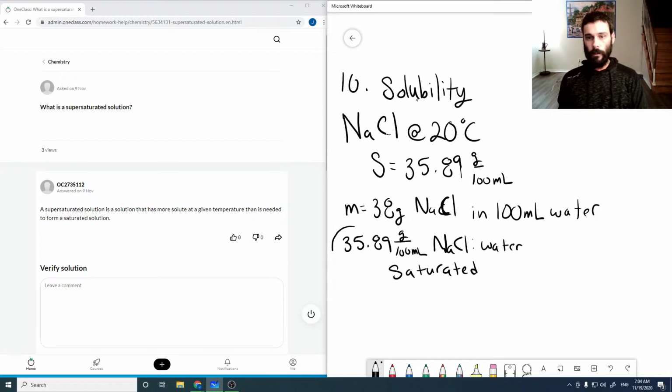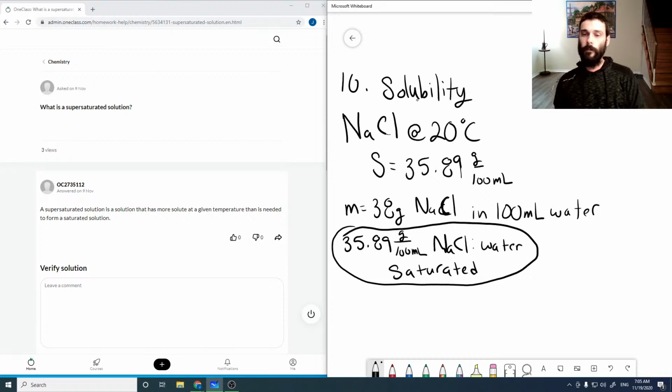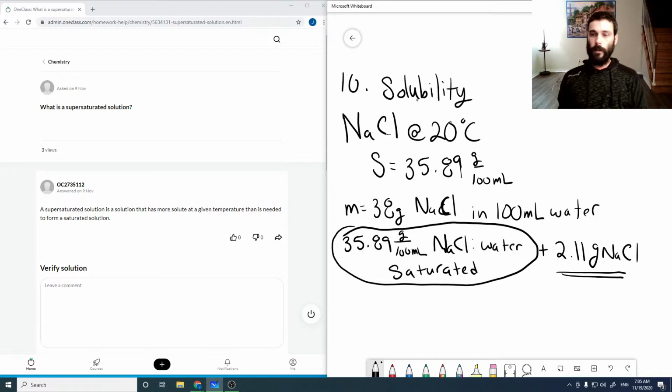So this would be saturated because we have the most salt in it we could possibly dissolve, and then we would still have about 2.11 grams of NaCl in the bottom of the glass. So there would still just be floating salt because this solution is completely saturated and we can no longer dissolve any more salt.